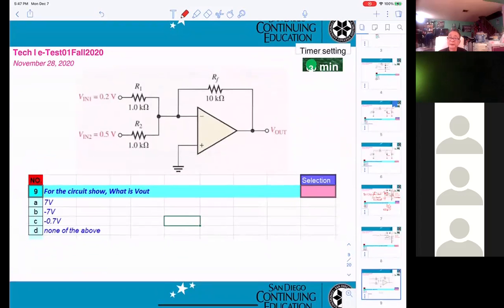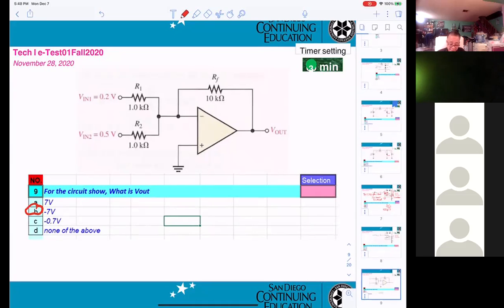Okay, number 9. I get the right answer will be B. Can you explain how? This is a summing amplifier.